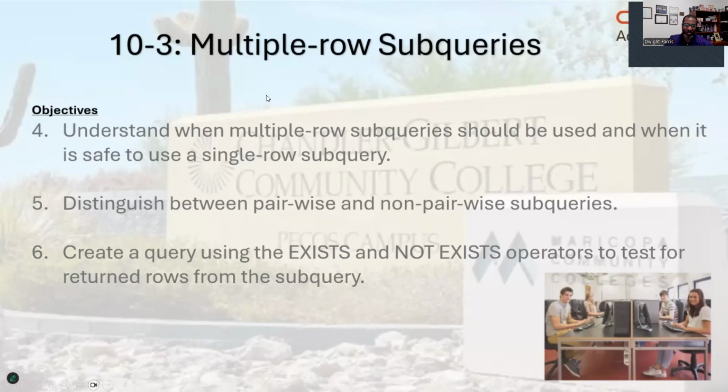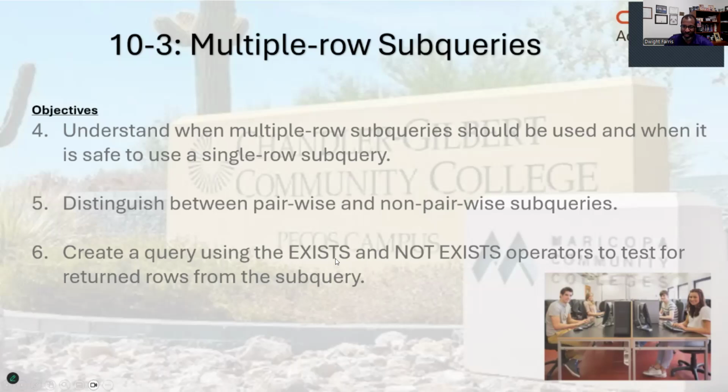So you can pare down, and we're going to talk about that because we're going to distinguish between pairwise and non-pairwise, and I will illustrate what that means. And then there are these operators, EXISTS and NOT EXISTS, and you can use these to test for returned rows from a subquery.